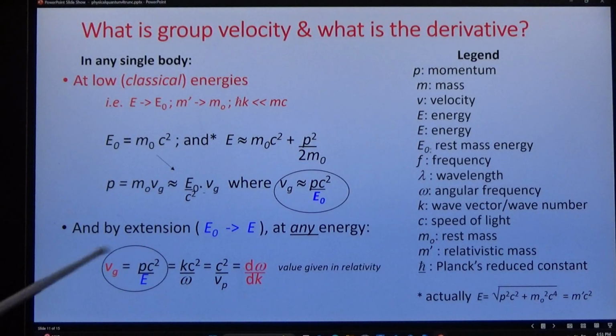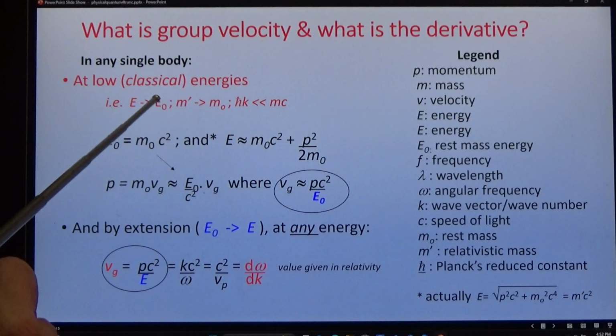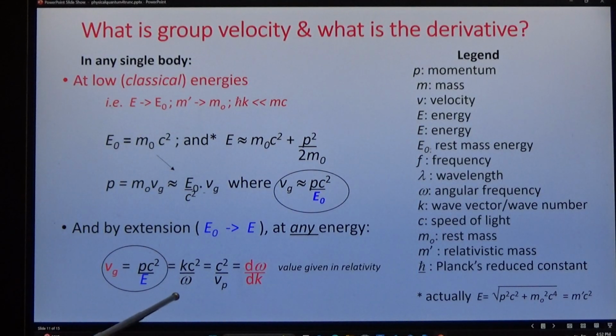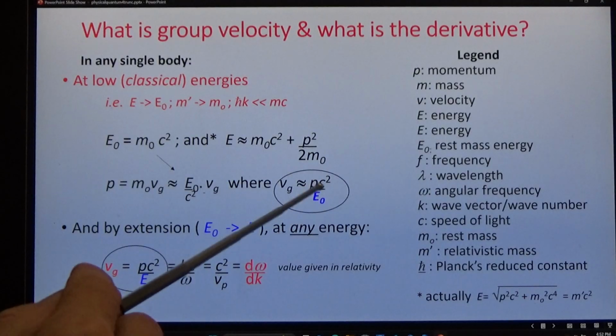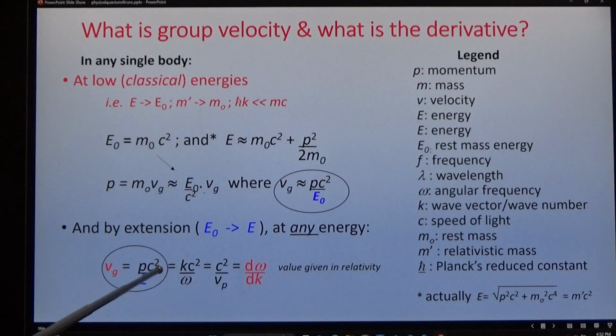I'm going to leave you to do the details, but the way you convert from classical to relativistic is to replace Newton's rest mass energy with Einstein's relativistic energy.